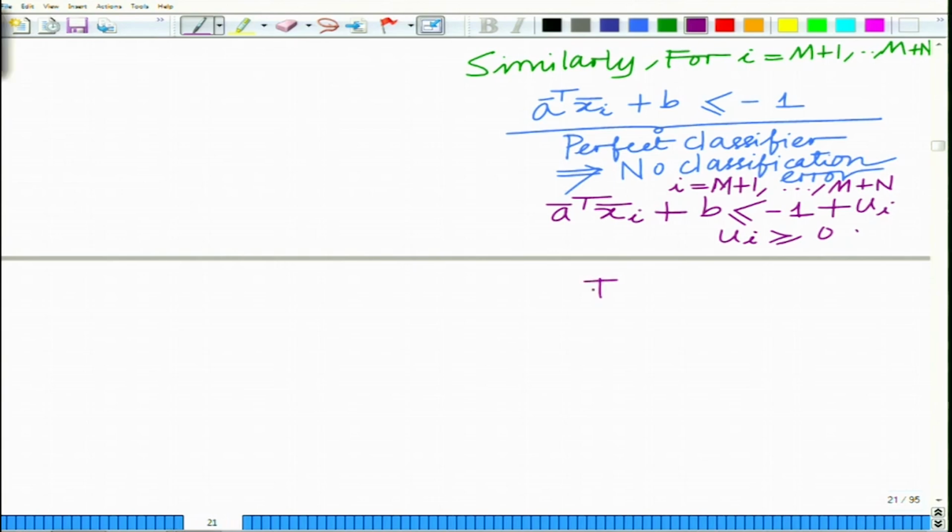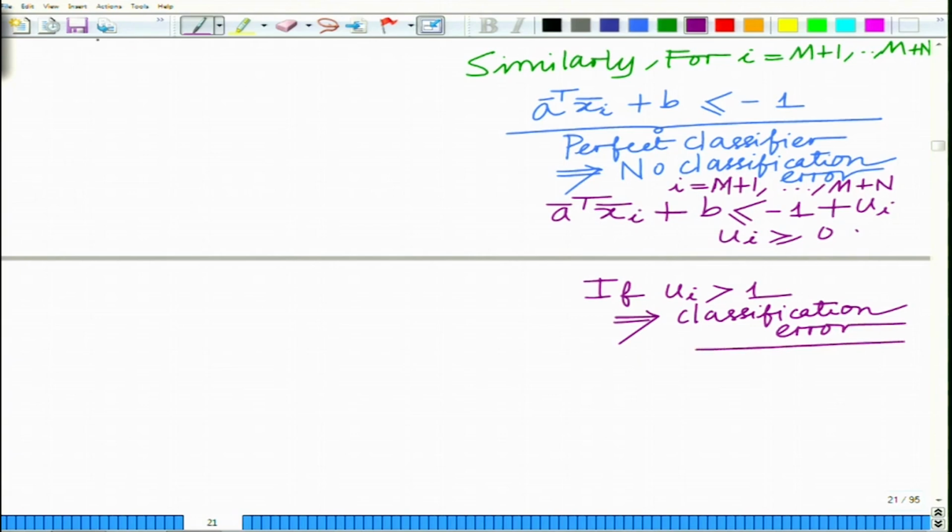So, if ui is greater than 1, this implies there is a classification error.